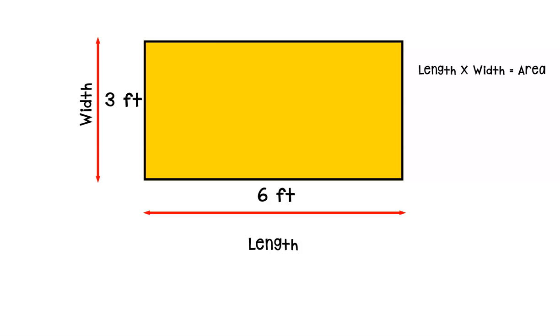So then to figure out the area, we're going to be multiplying 6 times 3. So what does 6 times 3 equal? Well, 6 times 3 equals 18. So I'm going to put my area equals 18 feet squared, because I can fit 18 squares, 1-inch squares inside of this shape.